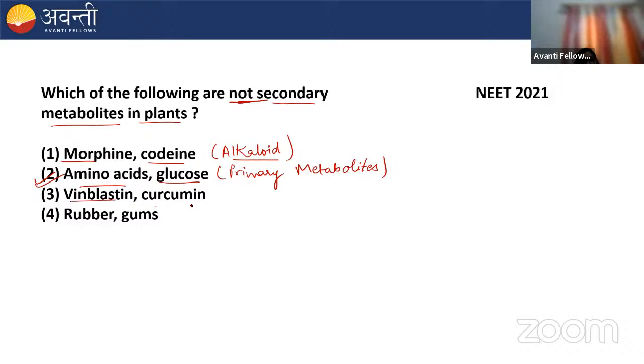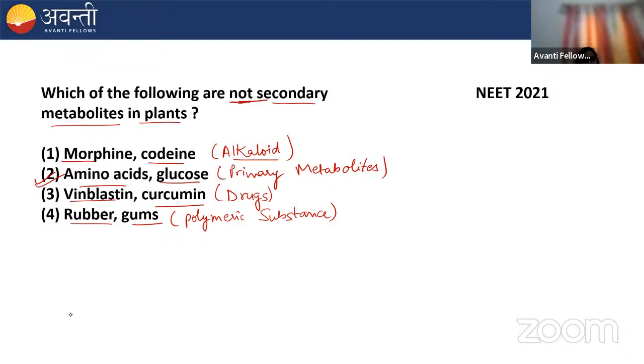Vinblastine and curcumin are secondary metabolites and come under the category of drugs. Rubber and gums are also secondary metabolites; they are polymeric substances. Yesterday you also got a question in the test which asked which of the following is not a polymeric substance. So remember this table, it is very important. Rishtia says B. Very good, Rishtia.